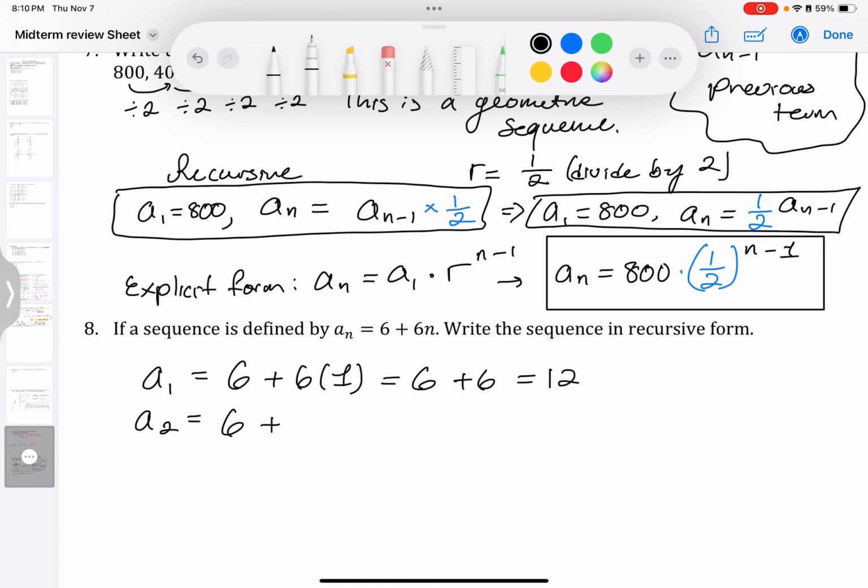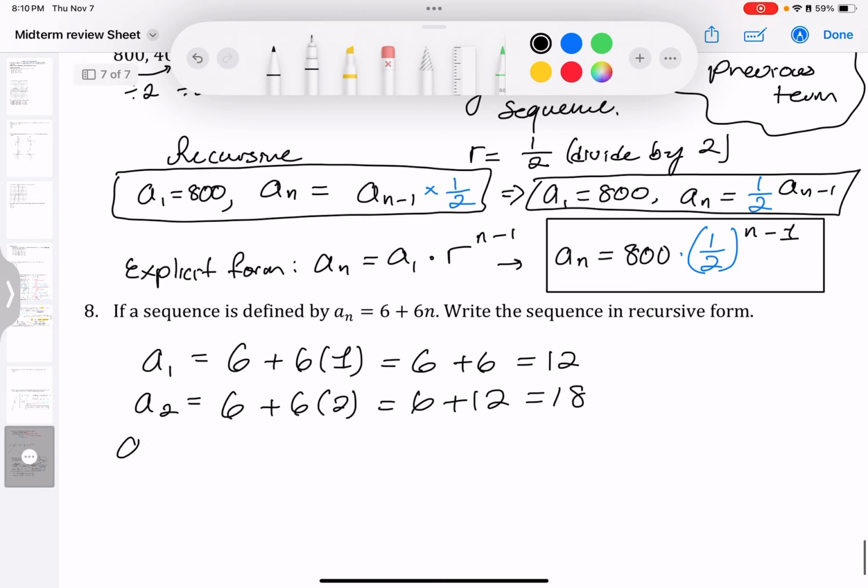To find a2, substitute 2 into your sequence function. So 6 plus 6 times 2. 6 times 2 is 12, so 6 plus 12 is 18. To find your third term, plug 3 into the function. So 6 plus 6 times 3. 6 times 3 is 18. And that's going to be 24.